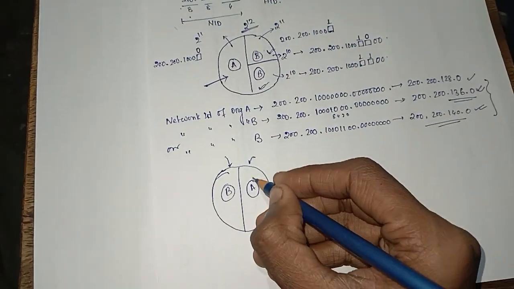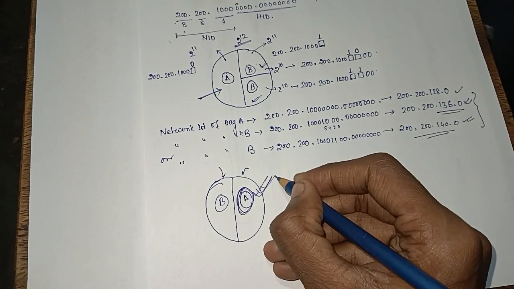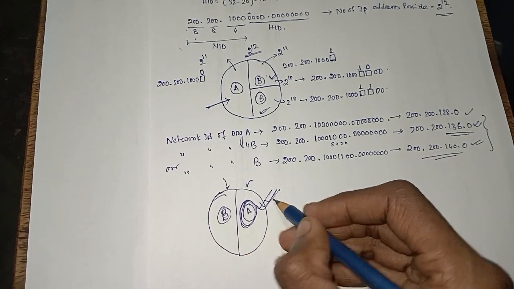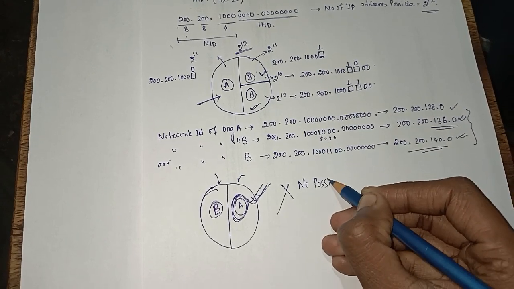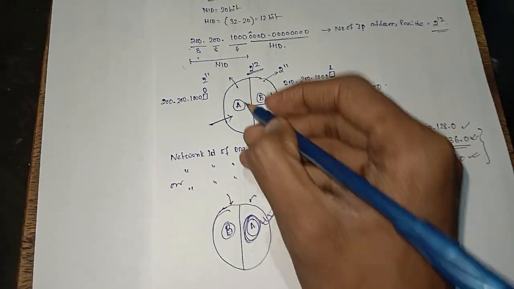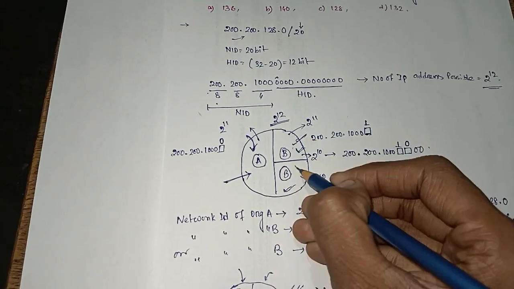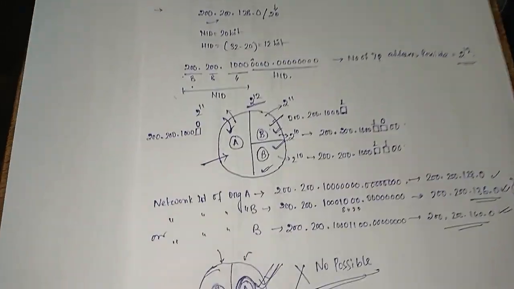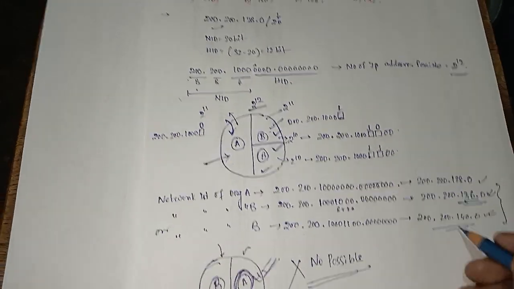Organization A needs more IP addresses, so A must be fixed first. Giving B first, then A, is not possible. So we give A first, then subnet for B. So the third octet value of organization B is 136 and 140 respectively.